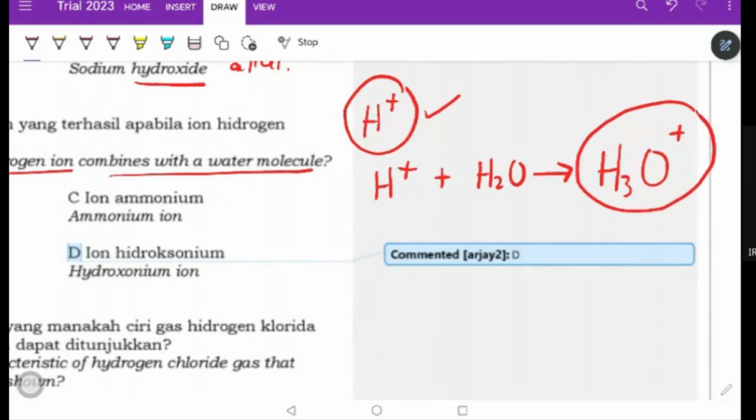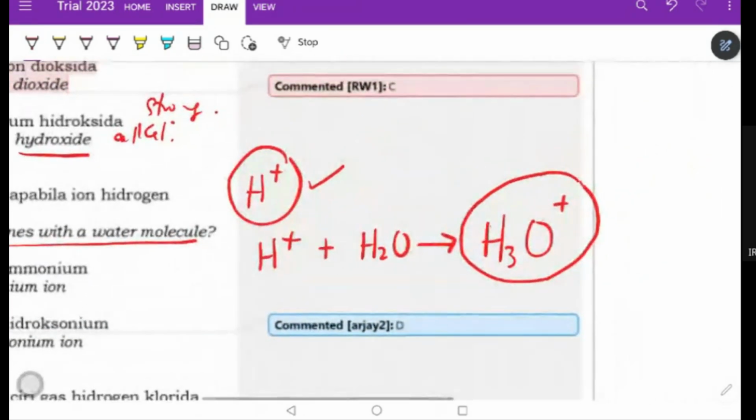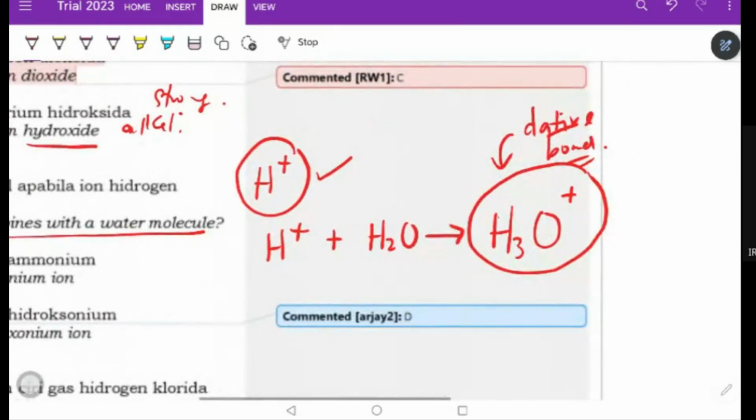Okay, and then hydronium is what type of bond? Still remember? Under dative bond. Okay, dative bond, remember. Whoever has forgotten, look back. There are only two dative bond examples.